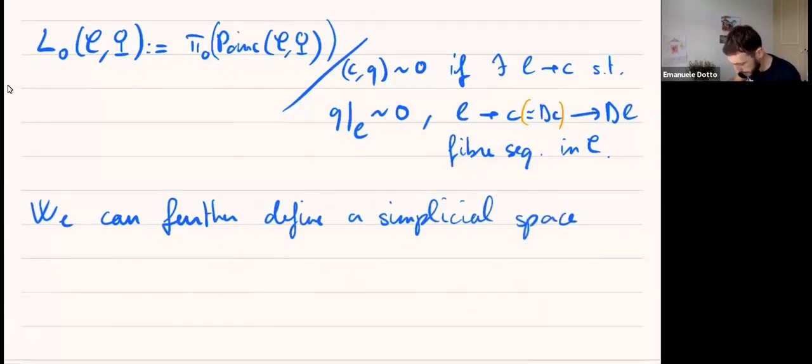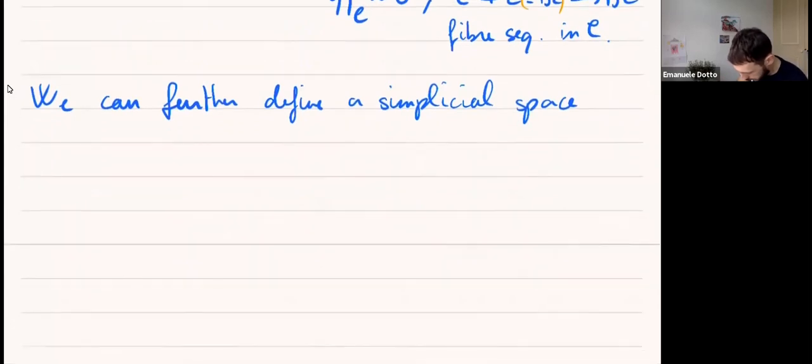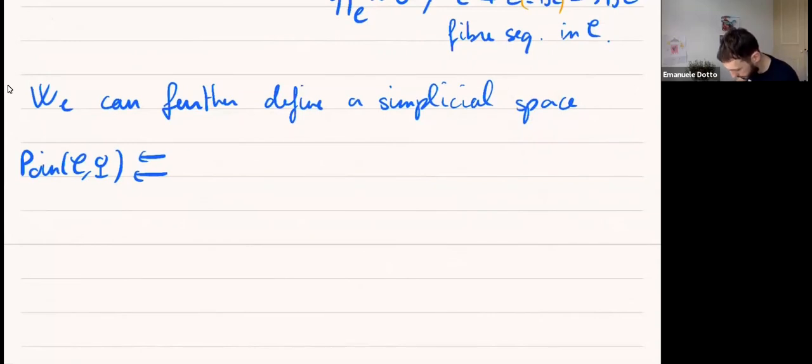So a simplicial space, it looks a bit like this. The 0 simplices are going to be given by this space of forms. And then the 1 simplices are going to be given by 2 forms and a cobordism, which is a diagram of the following form.